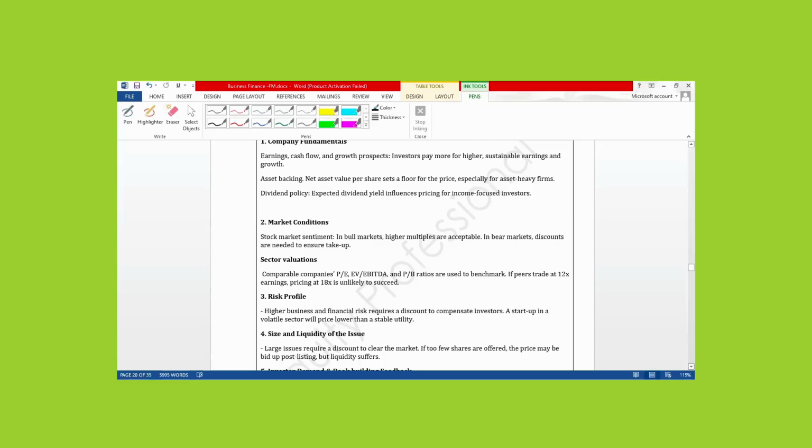Sector valuation. Comparable companies' price earning ratio. The comparable company price earning ratio we have impacts the price.